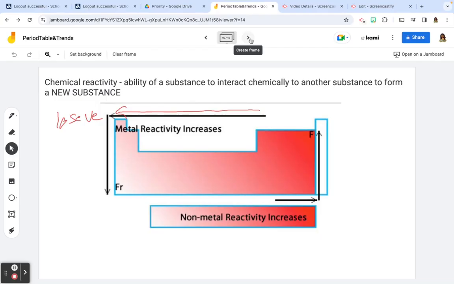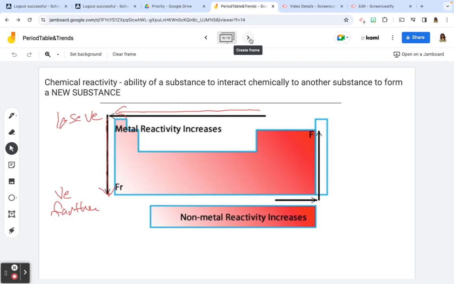So it's easier to lose them on this side because they have less to lose. And reactivity increases going down a group on the metal side because the valence electrons are further away. So that makes them extra easy to lose.